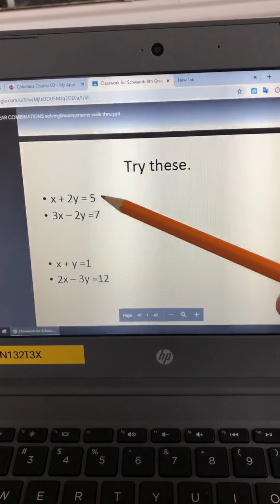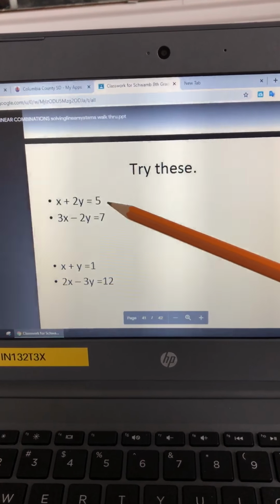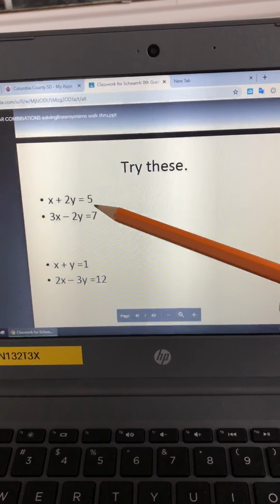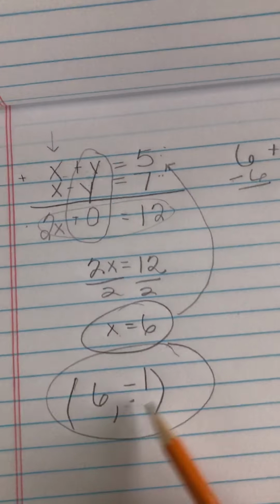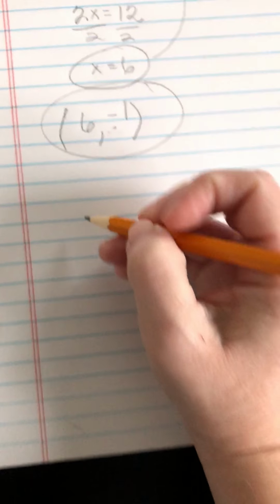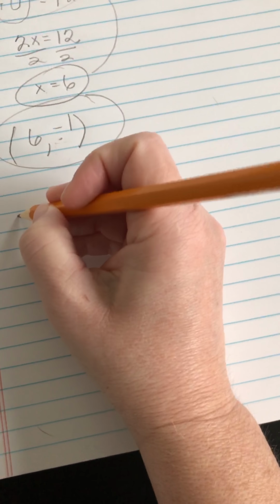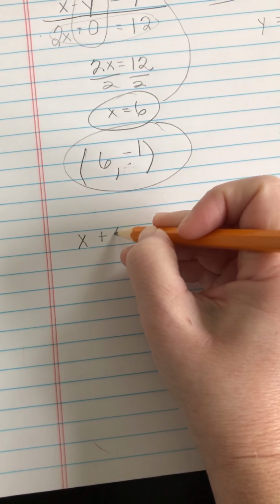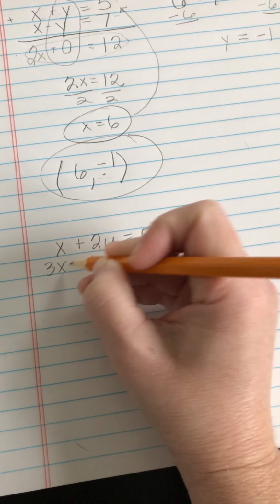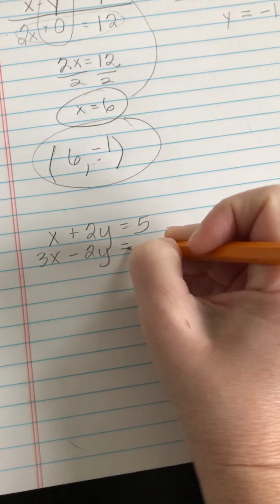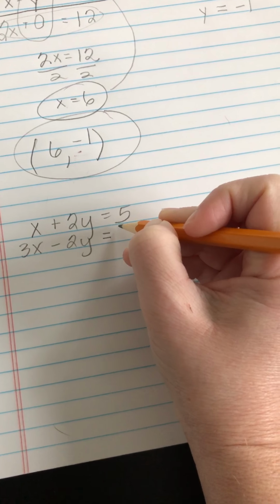I'm going to do this one, and then I'm going to give you guys one to try, all right? So let's look at this one, x plus 2y equals 5 and 3x minus 2y equals 7. I'm just going to write that down here. X plus 2y equals 5 and 3x minus 2y equals 7.